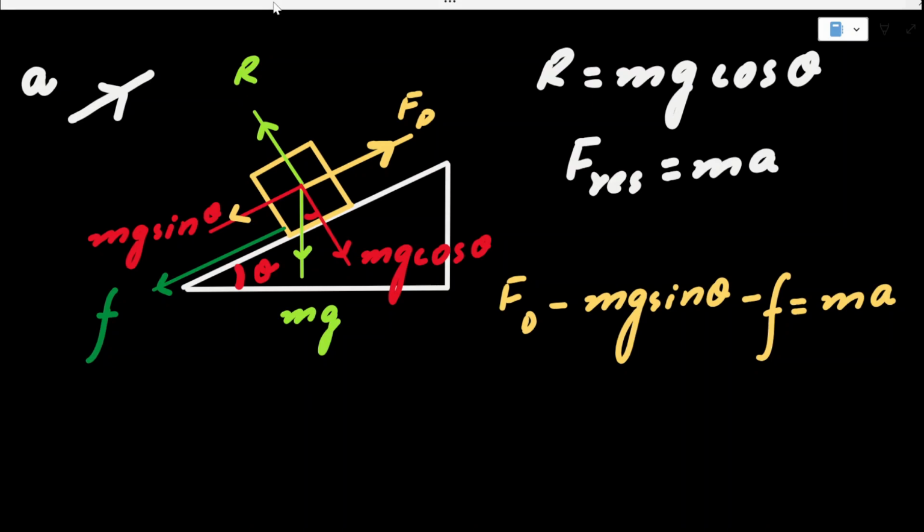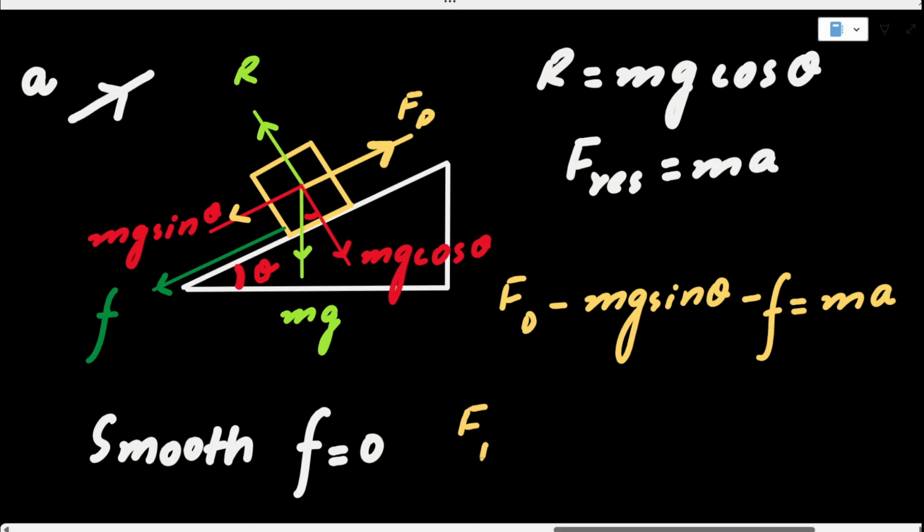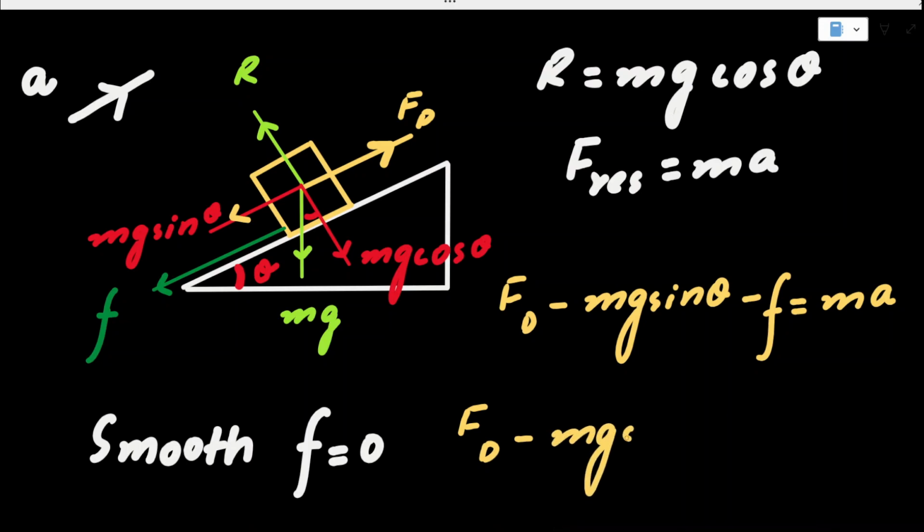Now what if the inclined plane is smooth? If the inclined plane is smooth, that simply means the frictional force would not exist, and hence the new expression for this situation would be Fd minus mg sin theta equals ma.